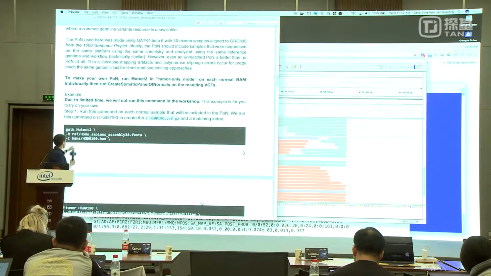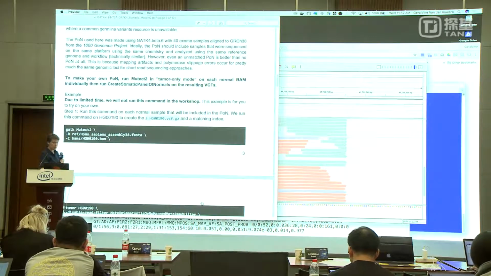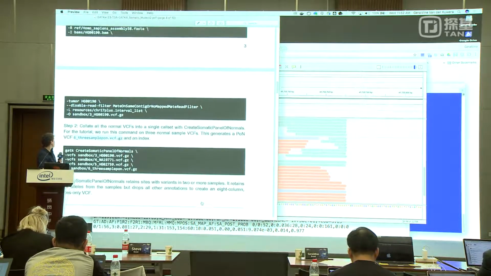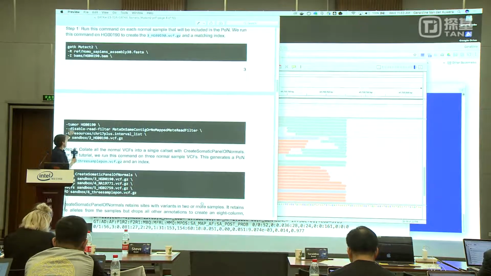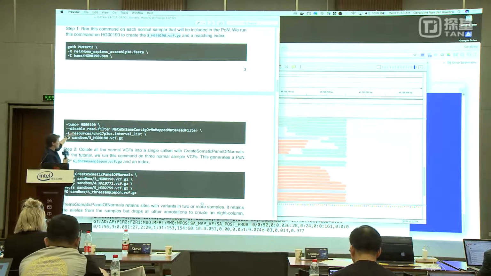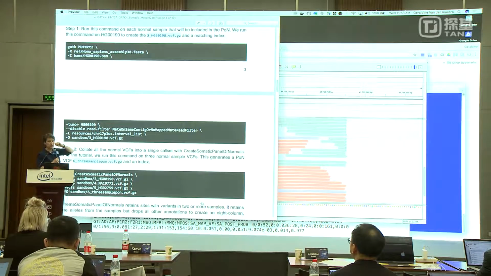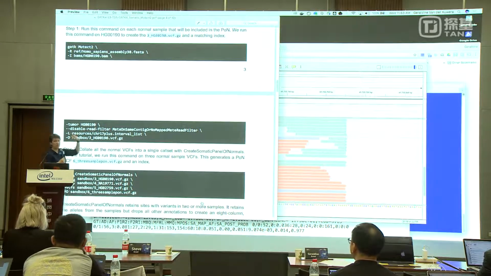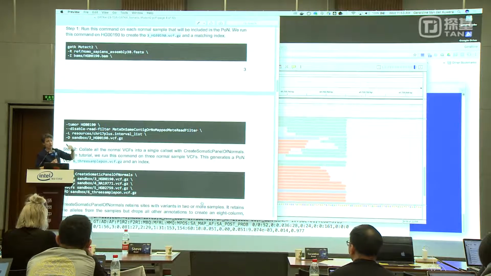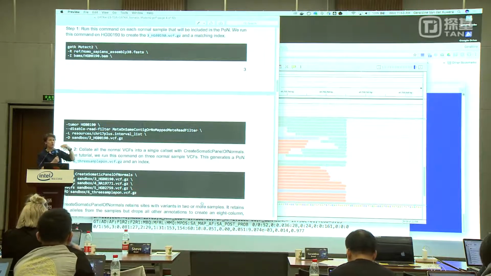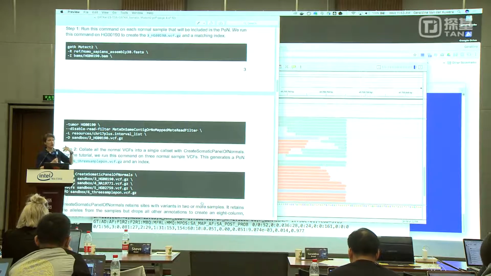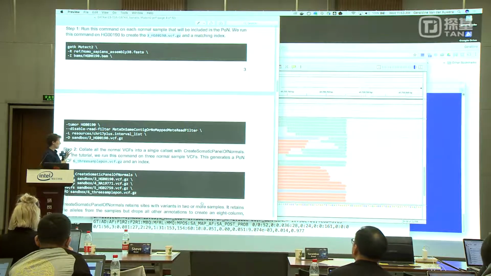And so you would provide the BAM file from the normal. You would say tumor is the sample name. And I know it's not a tumor, but we're pretending it is. And the rest of the parameters should be the same. Any parameters that affect how Mutect works should be exactly the same for your panel of normal samples as you apply for your actual tumor case samples. That's very important. It should be the same parameters.